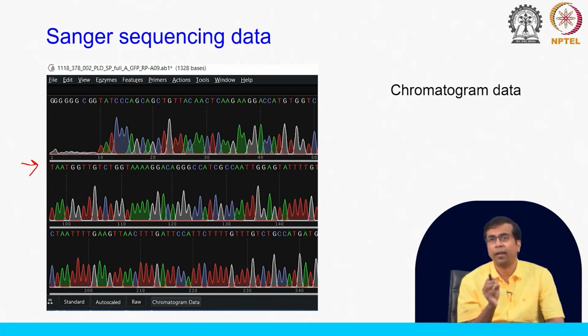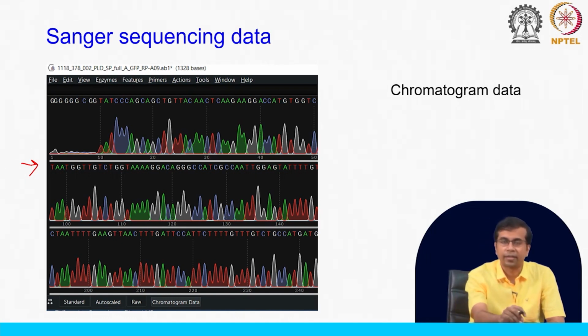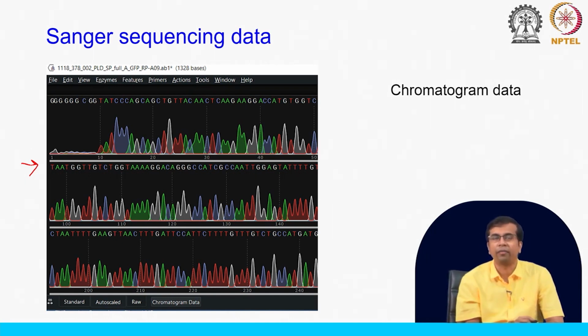If you go back to the Sanger sequencing principle, we have these different ddNTPs, labeled differently. These labels are shown in different colors here. T is in red, C is in blue, A is in green, and G is in white. So, 4 different colors you see here.